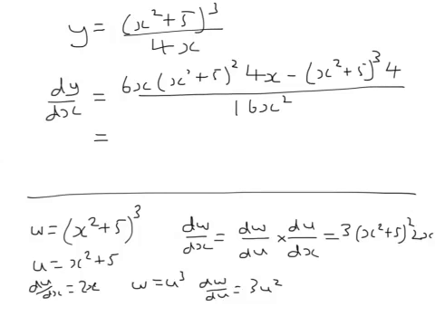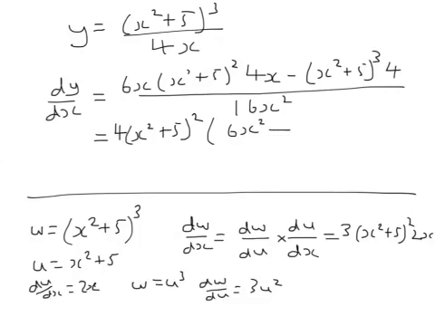I've got (x squared plus 5) squared as a factor. And then there's also a 4 there and a 4 there. So that leaves 6x squared, because I've got an x there and an x there.